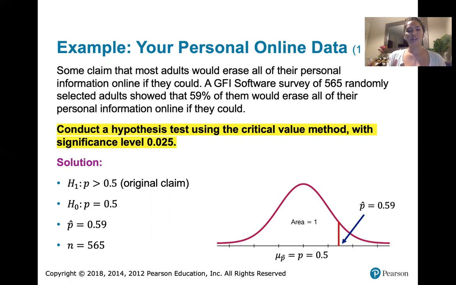So if we're assuming that the null hypothesis is true, so that the true population proportion is 0.5, well, that's going to be the mean of the sampling distribution of sample proportions. Okay, so we're saying these are sample proportions, the mean is p equals 0.5. And then we're saying, okay, well, where is p-hat equals 0.59 relative to 0.5?